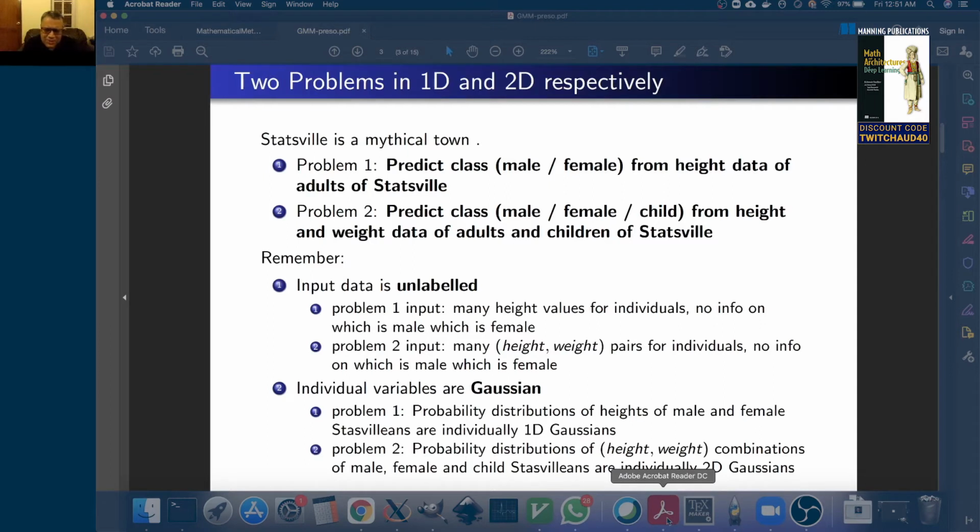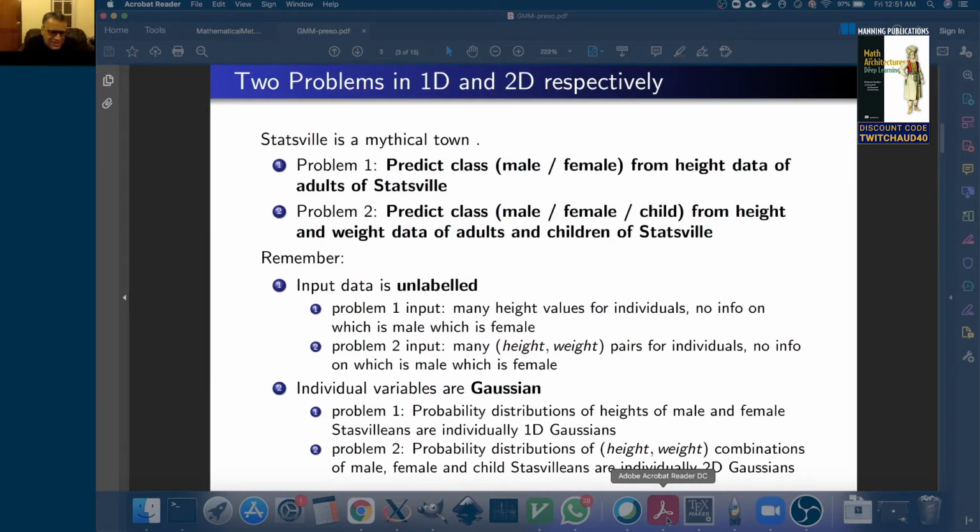And in problem two, given a pair of values of height and weight, we will try to predict whether that height-weight combination belongs to a male, female, or a child. Remember once again that the height and height-weight data respectively are unlabeled. That is, we don't know the class to which they belong.